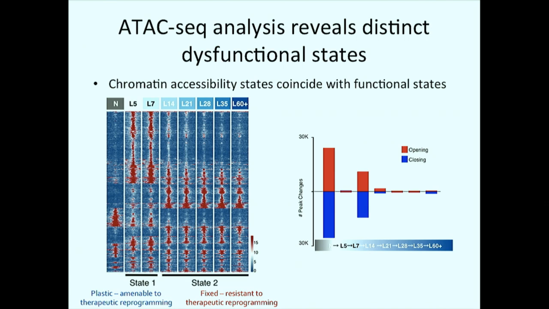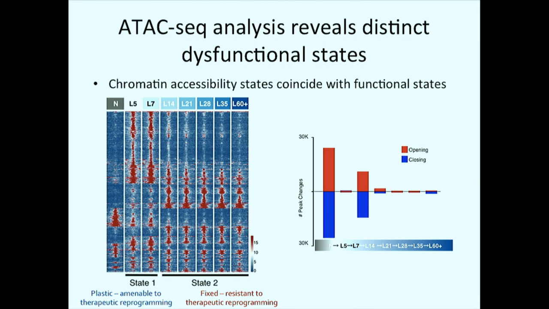Here, what we're doing is we're looking at chromatin-accessible loci in the atlas, or atlas events, and every row is a locus in the genome. Red is open, blue is closed, and as we go through this time course, we see what the accessibility changes look like.